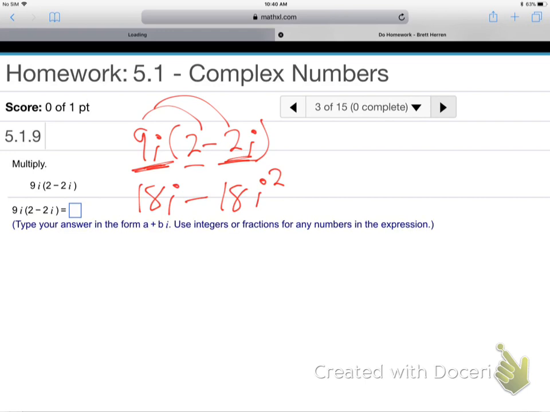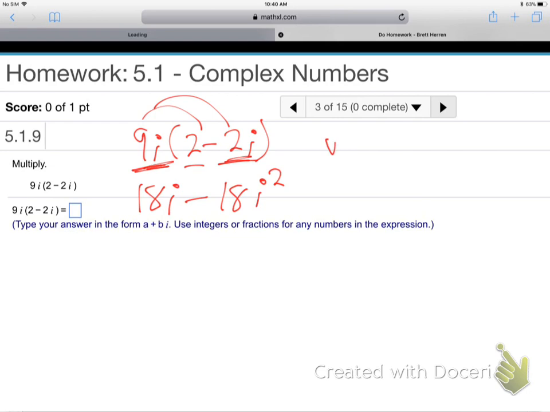Now, does anybody remember? We do something special here. i squared equals what? Right. What is it? Negative 1. Is it negative 1? I think so. Yeah, let me prove it to you.